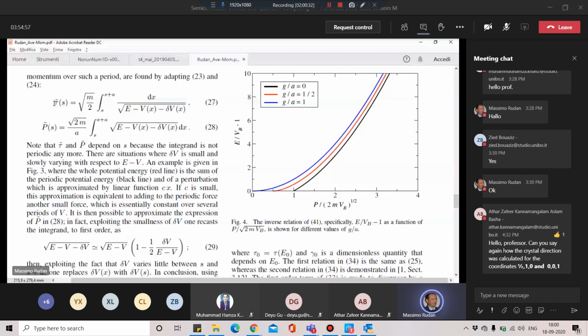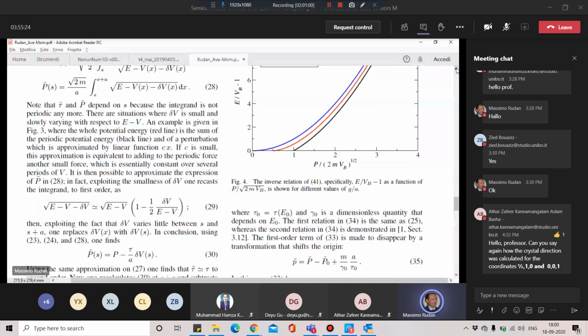From now on, it is pure mathematics, okay? So let's approximate the square root of E minus V minus delta V, okay? You remember the approximation of the square root to first order is this.